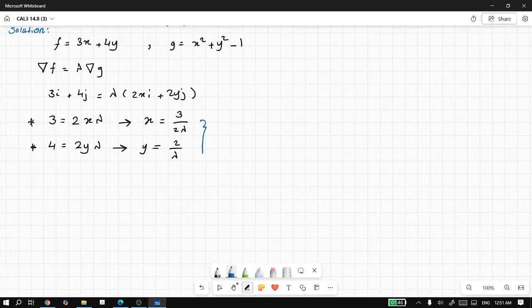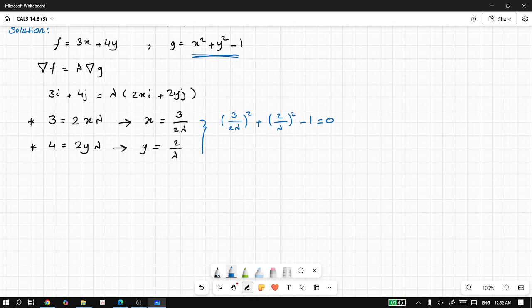So here we know that g of xy is equal to x squared plus y squared minus 1. Instead of x, we are putting 3 over 2 lambda, and instead of y, we are putting 2 over lambda. So we get the equation (3 over 2 lambda) squared plus (2 over lambda) squared minus 1, and that's equal to 0.